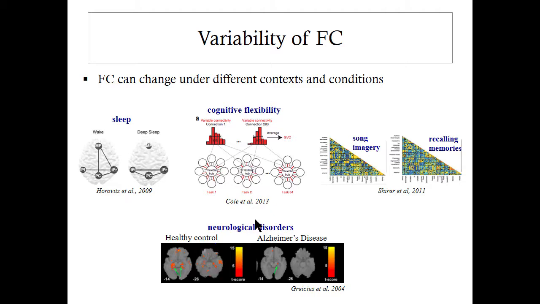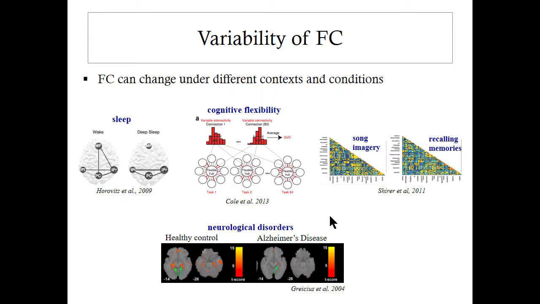But if we look at these things more closely, we can see that the connectivity of various brain regions may also change under different contexts and conditions. For example, in deep sleep, the default mode network seems to show a decoupling between the anterior and posterior parts compared to wakefulness. Or depending on what you're doing or thinking during the scan, this may introduce a different pattern of region-to-region correlations.